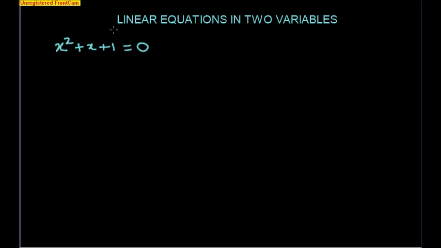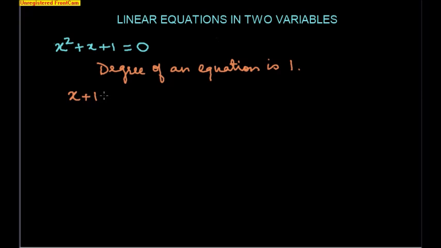Now, what is a linear equation? Linear means the degree of an equation is 1. When the degree is 1, then we say that the equation is a linear equation. Let me take an example. x plus 1 is equal to 0.